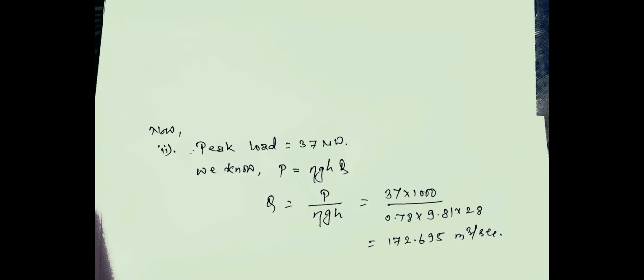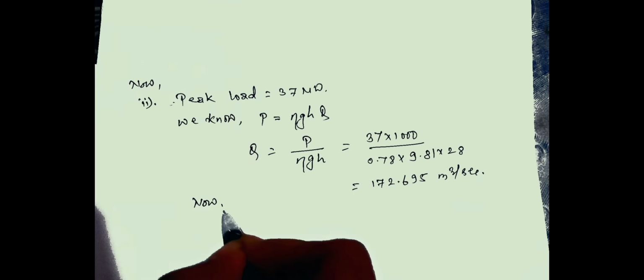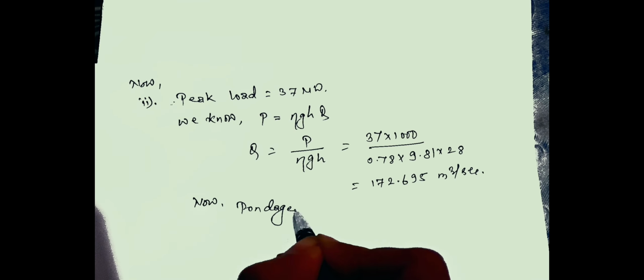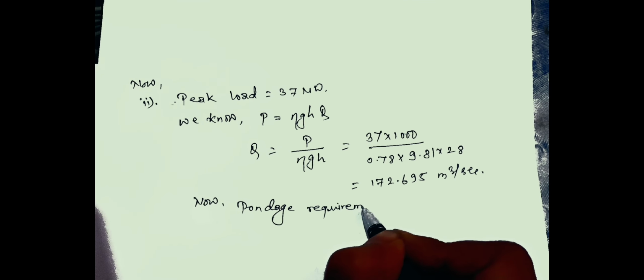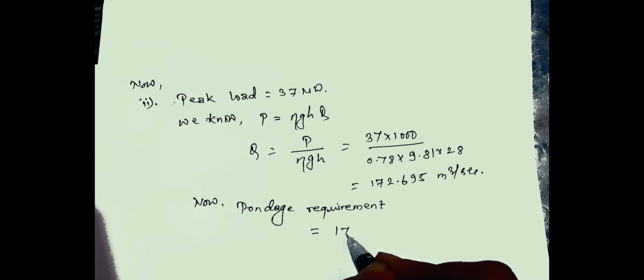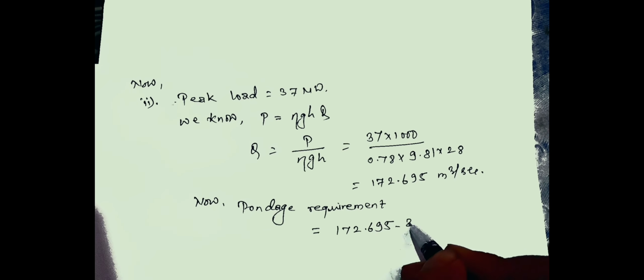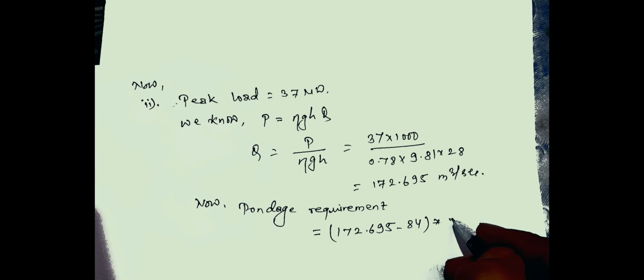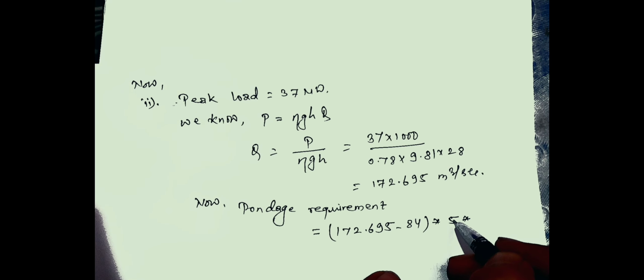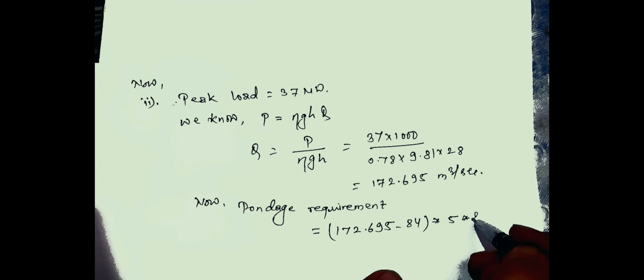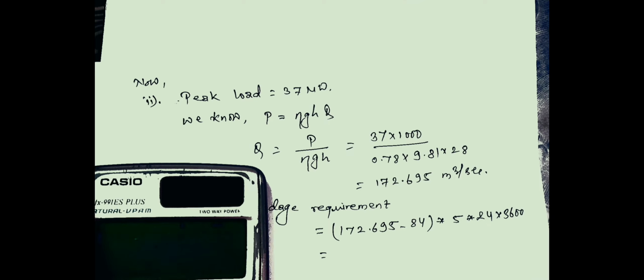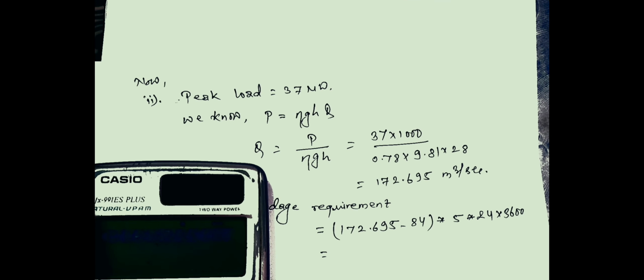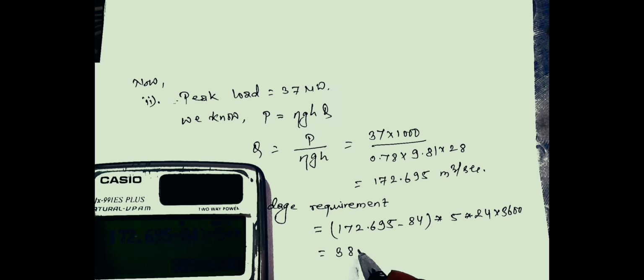In this question we have to calculate the pondage requirement. Now the pondage requirement equals 172.695 minus 84, the discharge in the month of May, for the 5 days already given in the question. 5 days times 24 hours, converting all of these into seconds: 172.695 minus 84, into 5 into 24 into 3600, equals 3831624 meter cube.